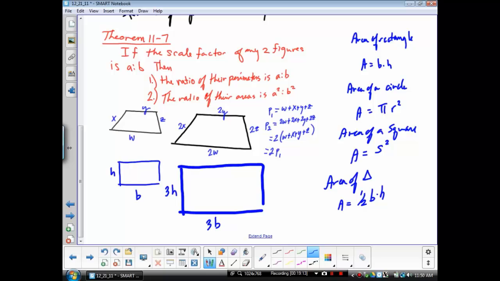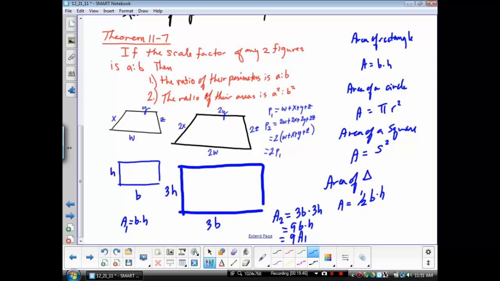So what happens when you find the area of these two? The area of this one, which is base times height, and the area of this one, which is 3b times 3h. Notice you have that scale factor in there twice because you're multiplying 2 dimensions. So my result is going to be 9 times base times height, or 9 times area 1.